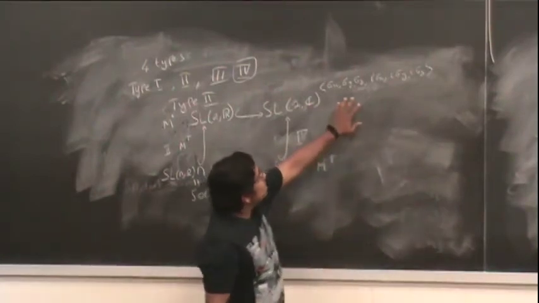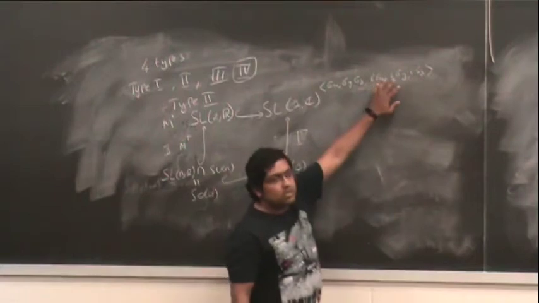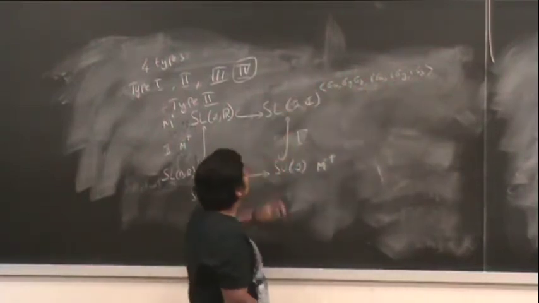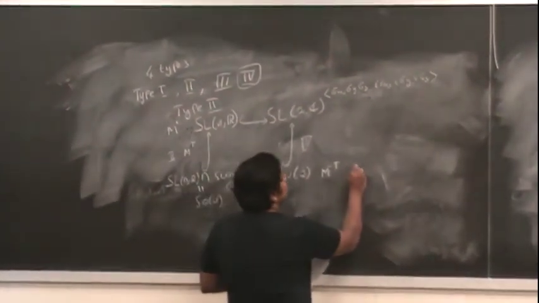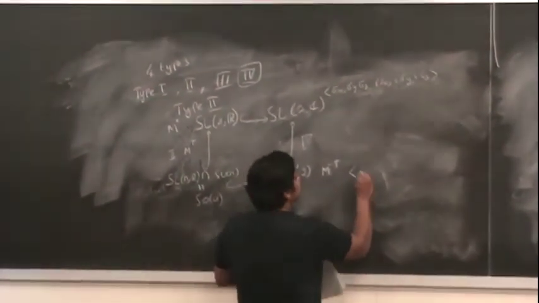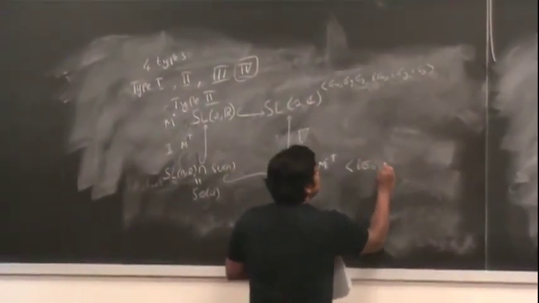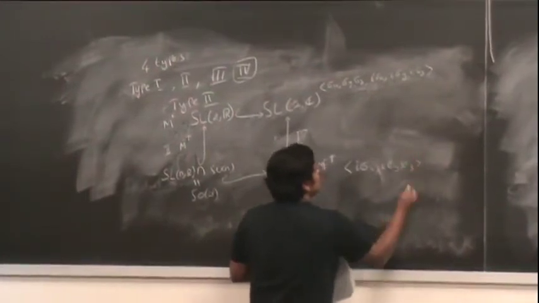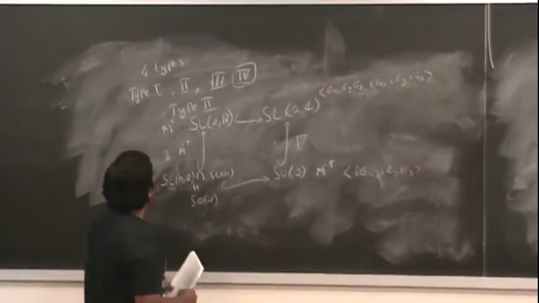This is also the reason why earlier we wrote SL2C as nothing but SU2 plus i SU2, right? Now if we come to SU2, these are generated by the anti-Hermitian ones, i sigma x, sigma y and sigma z. So this is the unitary thing.